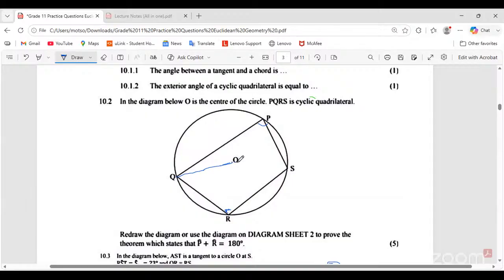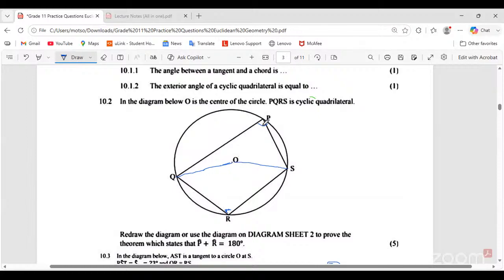You also join this radius of S. If you were required to prove that Q plus S are supplementary, you would join OR and OP.